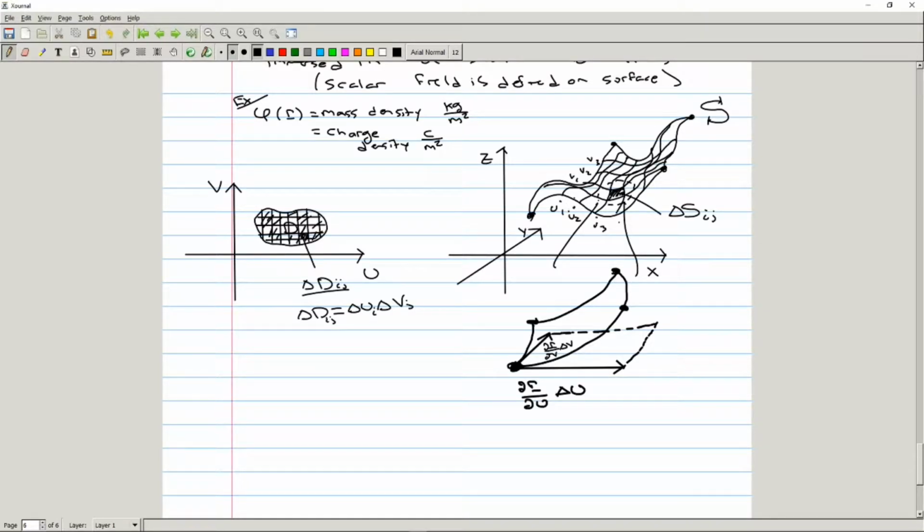Well, not much changes in our Riemann sum approximation, except for the fact that now at multiple different points on the surface, and multiple different points in each one of our subpartitions, we have to evaluate the value of the scalar field on each one of the points on this partition.